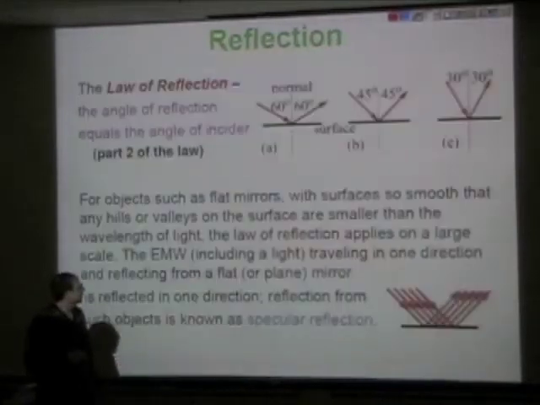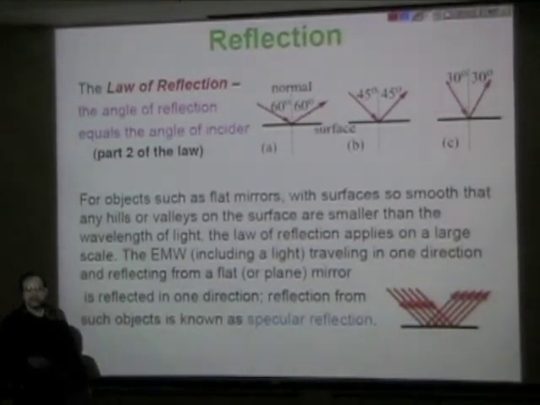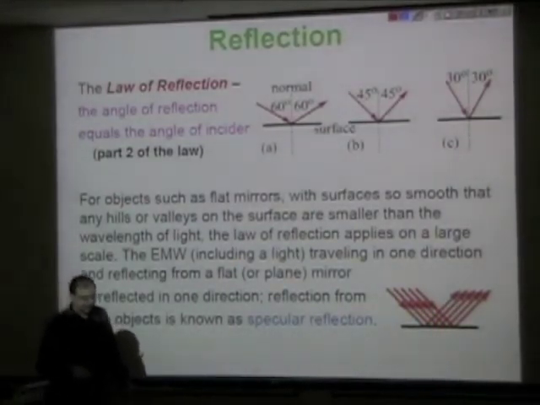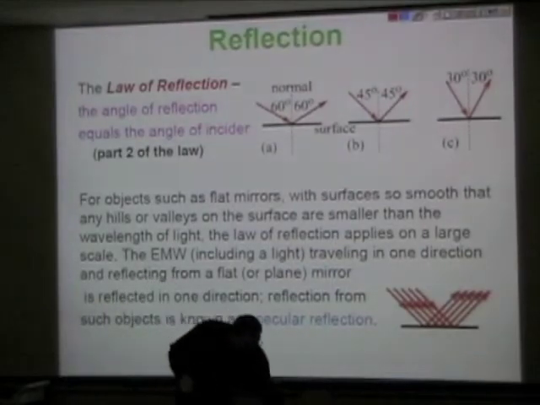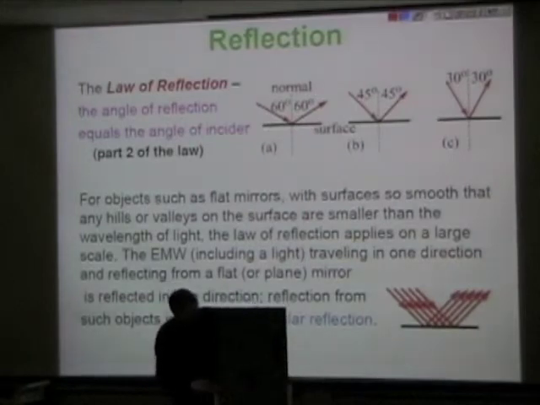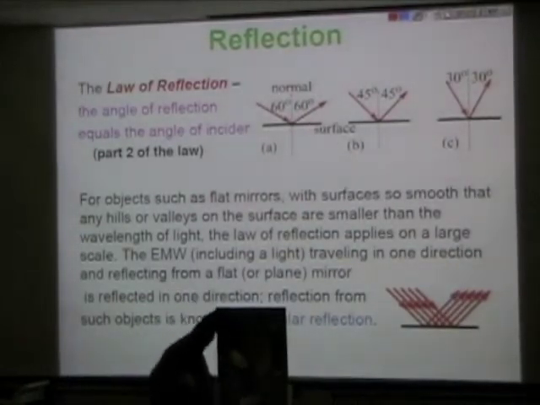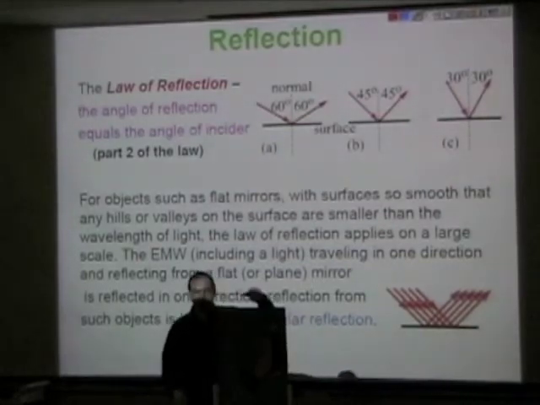A mirror doesn't work like that because we actually make it very, very smooth, so it's not so bumpy anymore. And in that situation, for a good mirror, rays which are initially parallel stay parallel after the reflection, like in this simple demonstration. This is a mirror.